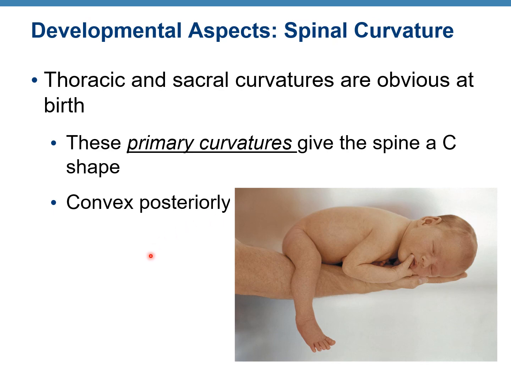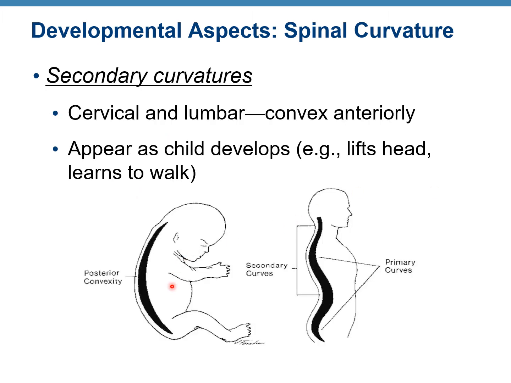So also when we are born, we're born with the primary curvatures only, and it gives us this C shape. The primary curvatures would be thoracic and sacral, and they are convex posteriorly. So on this slide, you can see the primary curvature. When kids start crawling, they start to develop the cervical curvature.